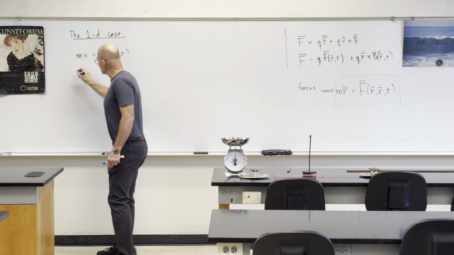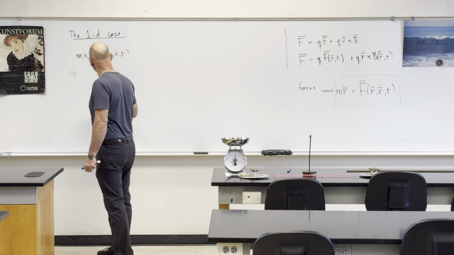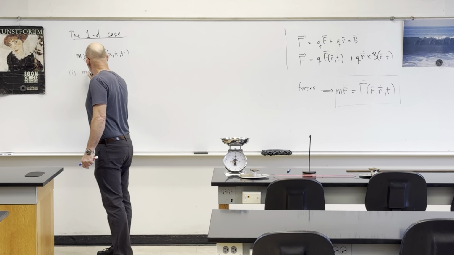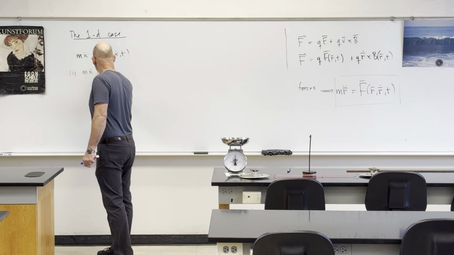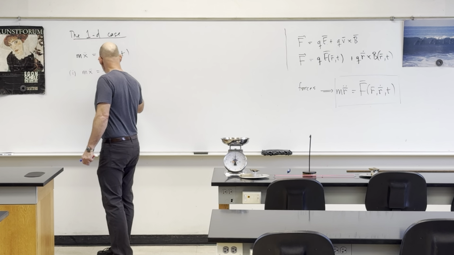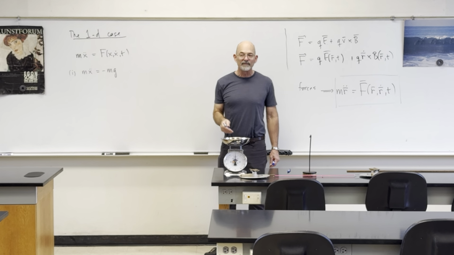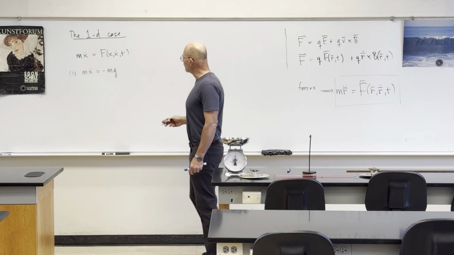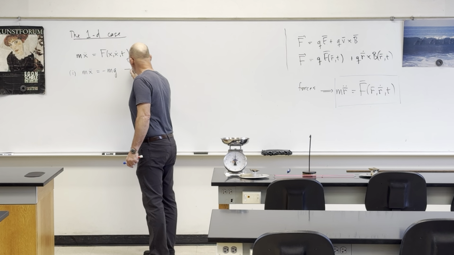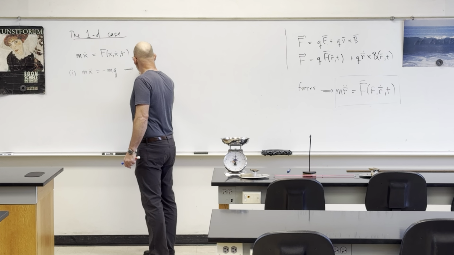And the first one, we're just going to declare victory for this one. So we have m x second derivative is equal to minus mg. Right, that's the free fall case if you're just throwing a ball straight up and down, the vertical motion. But we'll go ahead and write its solutions down, just because we can.